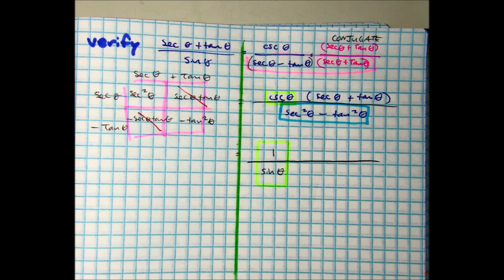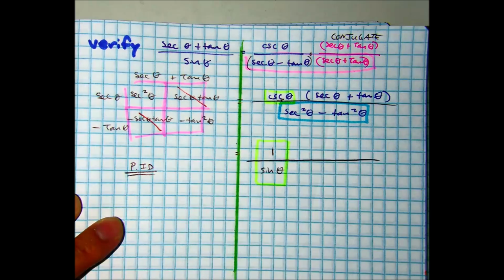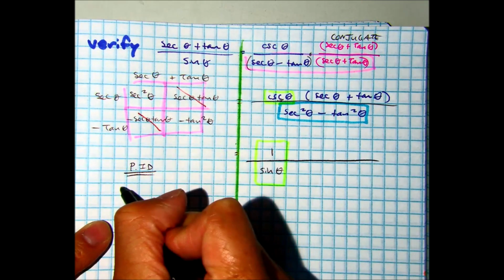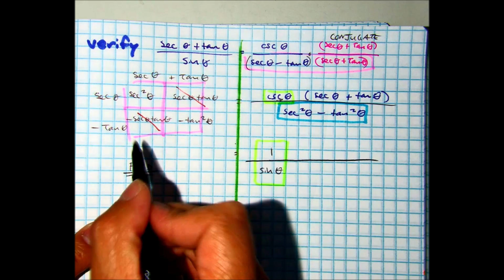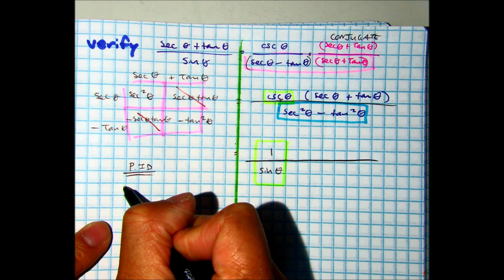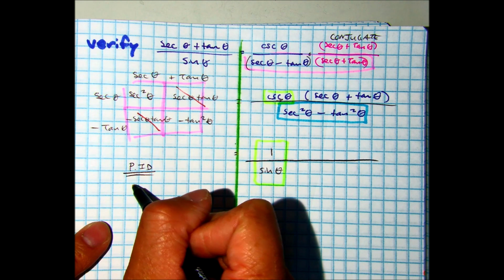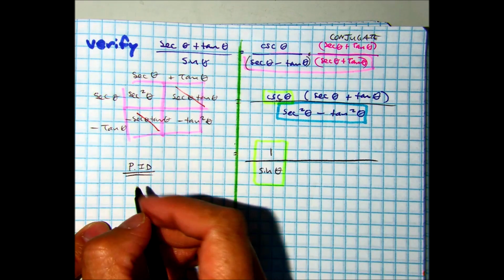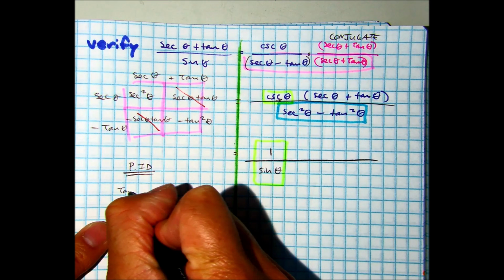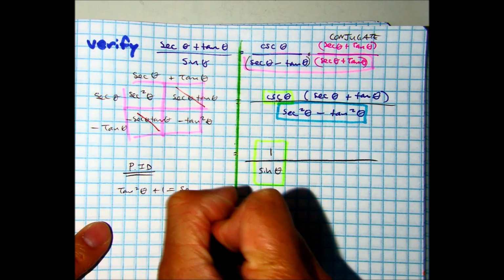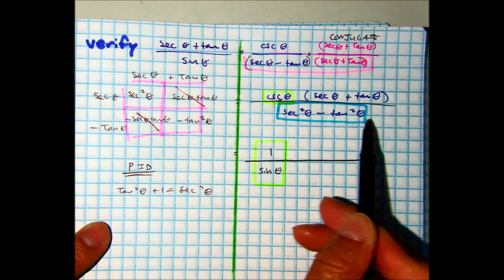Mary Grace, the one in blue. The Pythagorean identity. Okay, this one's a little bit more difficult. Tell me the Pythagorean identity. It has tangent squared and secant squared in it. Mary Grace, how do I make this Pythagorean identity look like this one?